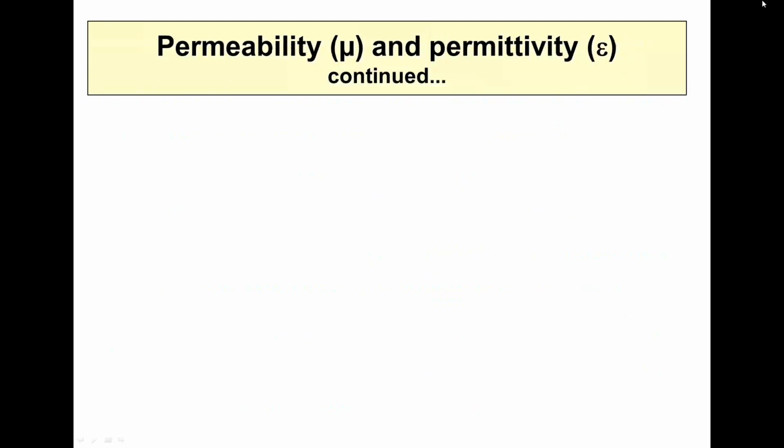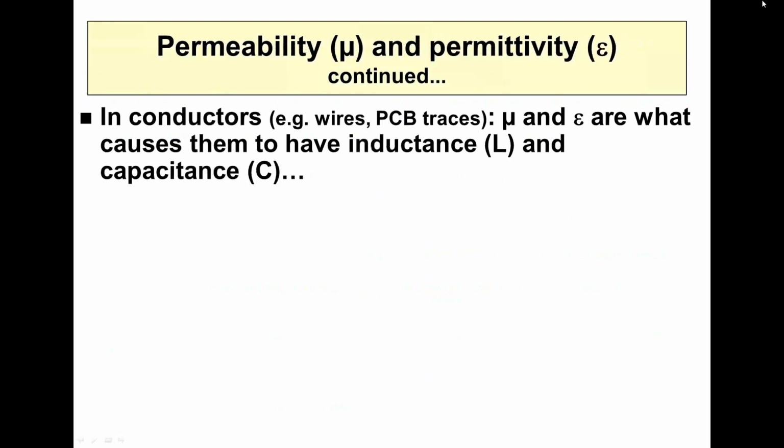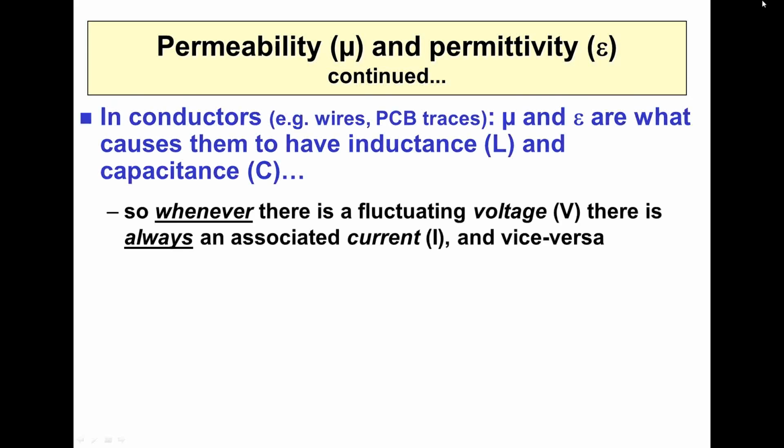Where we have conductors, wires, PCB traces, lead frames, etc., mu and epsilon are what cause them to have inductance and capacitance, which we call L and C. What this means is whenever we have a fluctuating voltage, V, we always have an associated current, I, and vice versa.